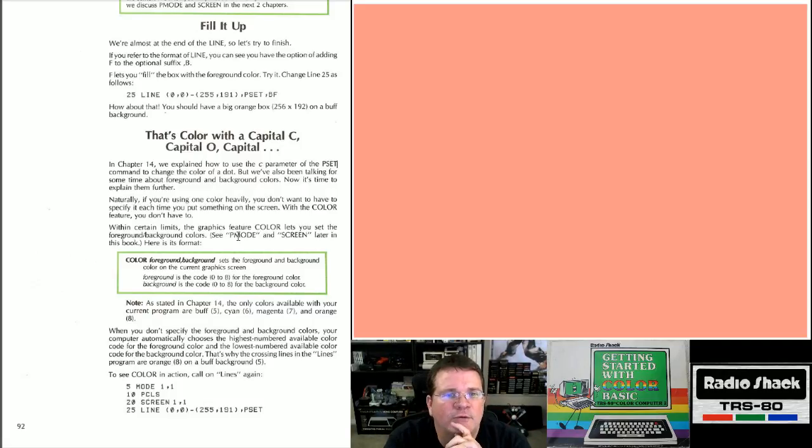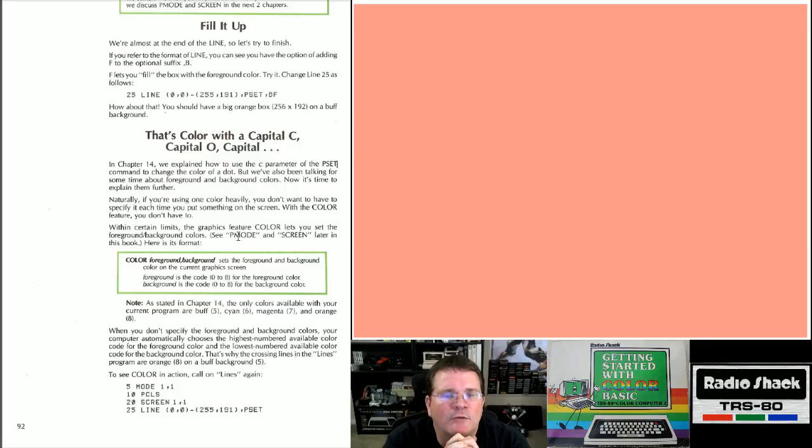Here it even tells you. So in this color mode, the colors that are available are 5 for buff, which is the white background, cyan is 6, which is your kind of sky bluish color, magenta is 7, which is the purplish color, and orange is 8. So there we have it.